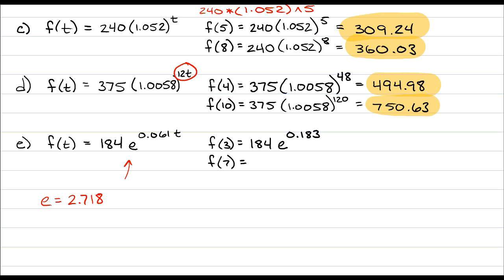Now, when I plug that into the calculator, I'm going to write 184 times, and then I hit that e to the x button, and that puts in e raised to, and then it puts a parenthesis. So I just fill in 0.183, close the parenthesis, and hit enter. And this is going to give me a result of 220.95.